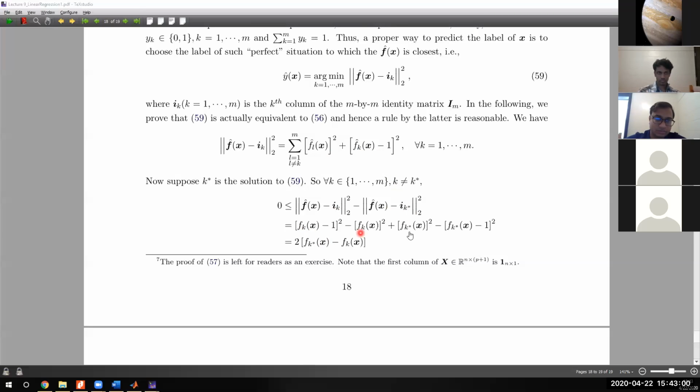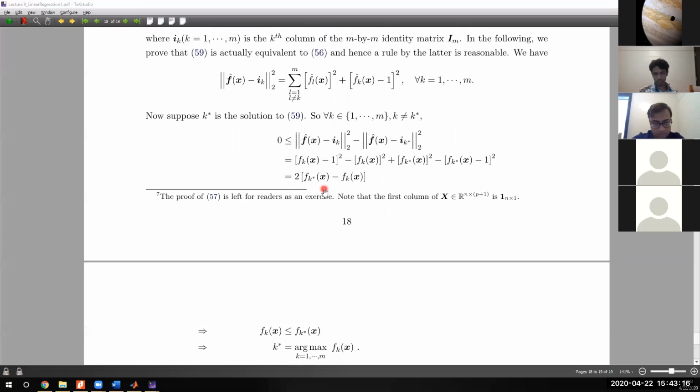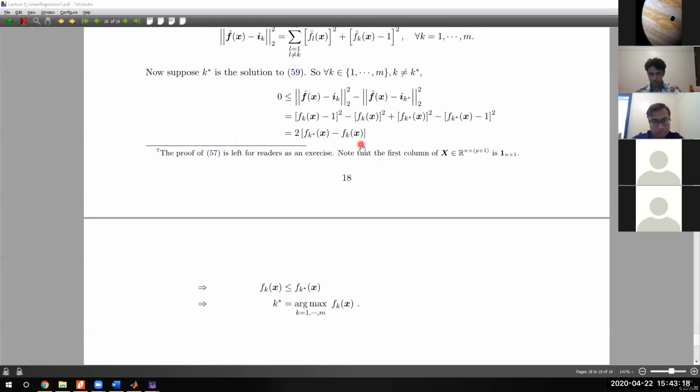Then you substitute, and you get this equation, and you just operate one time, because a squared minus b squared equals what? Equals a minus b times a plus b, right? Using this trick, you can easily find that from here I get this. So it's very clear, because this one must be greater than or equal to 0. So finally I must have fk is less than or equal to fk star.